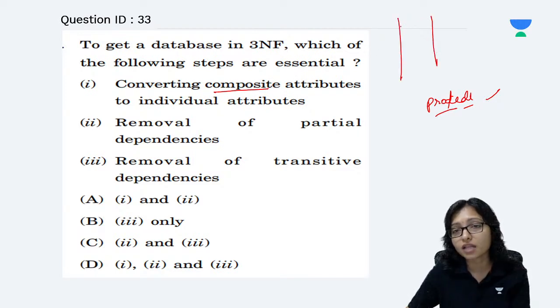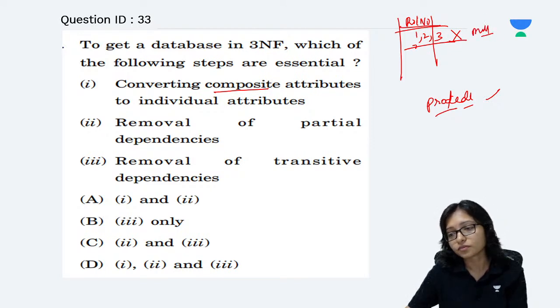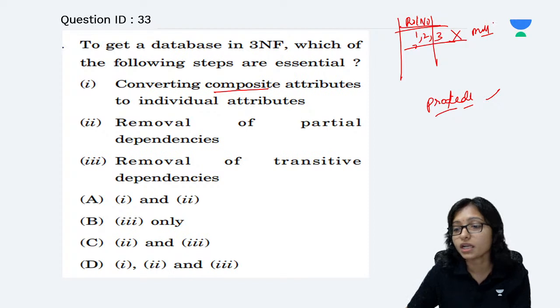Multi-valued means in one roll number cell there are values like 1, 2, 3. This is not allowed. Single cell with multiple values is called multi-valued, and it is not allowed. Every cell will have a single value, that is for 1NF.